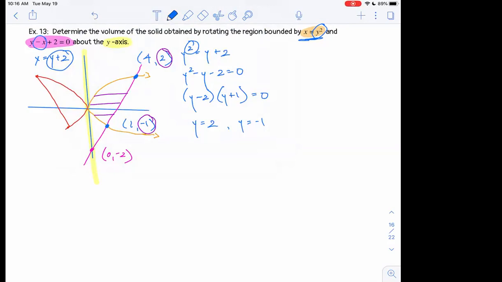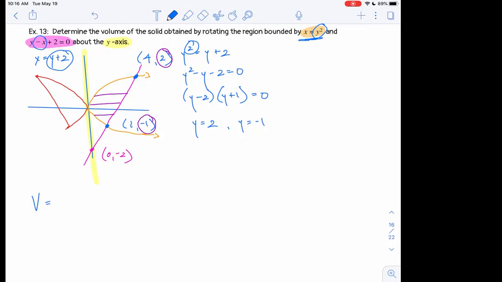So last thing we need to decide, do I need pi little r squared or pi big R squared minus little r squared? Pi r squared. Why do we think pi r squared? Because it doesn't have a circle in the middle or an opening.